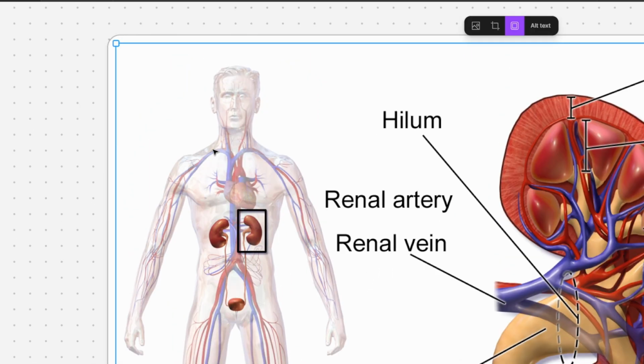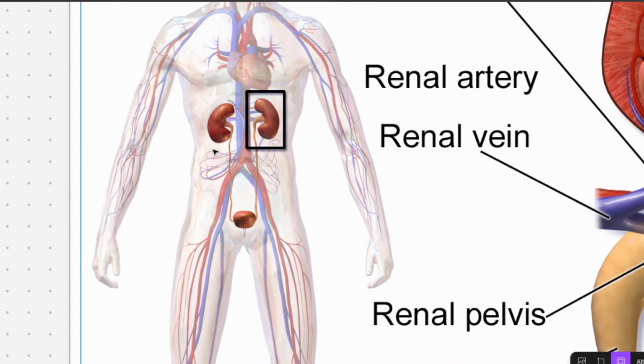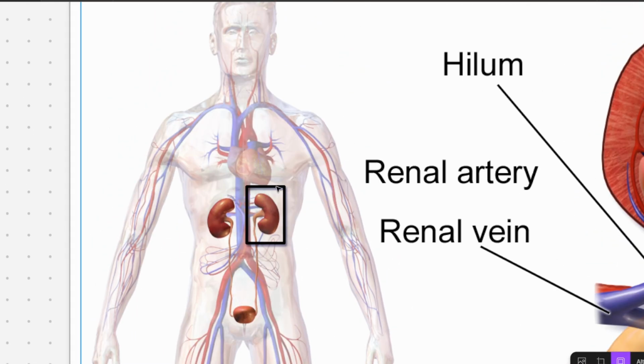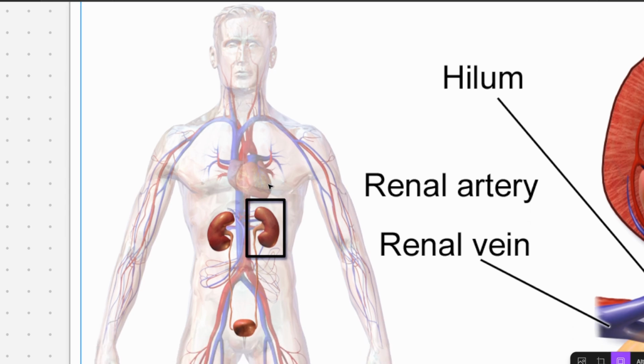And you can see here the position of the kidneys. So obviously, two kidneys. Now, we're not going to be talking about this, but they are retroperitoneal organs, meaning they are not covered by peritoneum or the peritoneal cavity. They're not inside it. They're basically attached to the posterior abdominal wall.